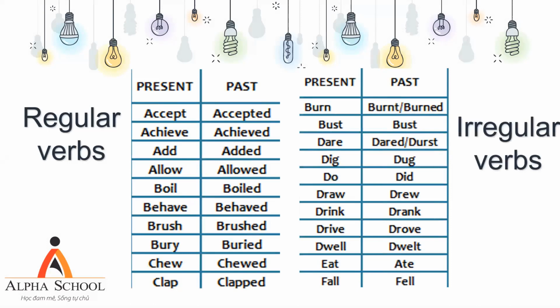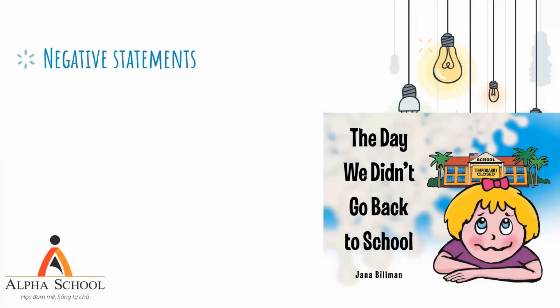And as you can see, to form regular verbs, you just need to add ed at the end of the verbs, but with irregular verbs, you need to learn by heart different kinds and different ways to change it into past tense.